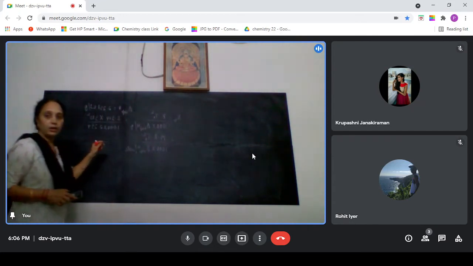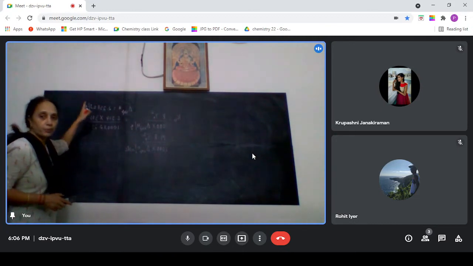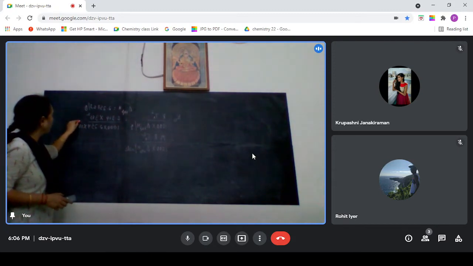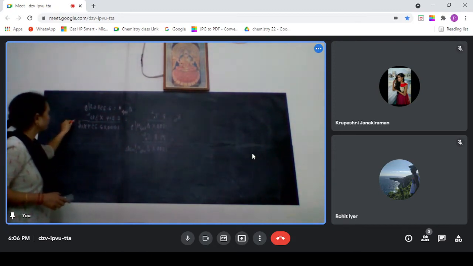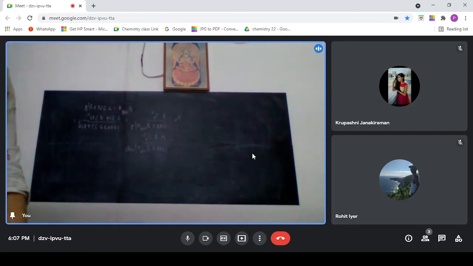And very important, because R is in joule per Kelvin per mole, you have to take this in joule. They have given it in kilojoule, so multiply by 10 to the power of 3. You will get the answer. I will just send a pic if you are not able to see that.